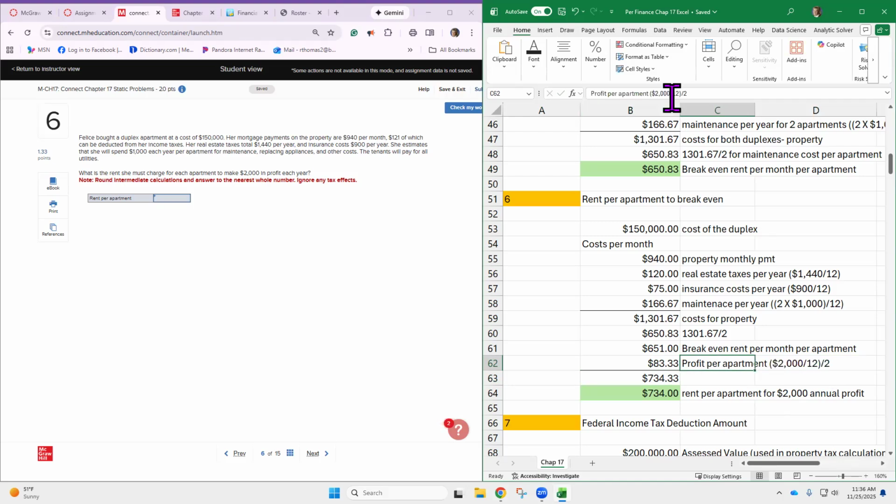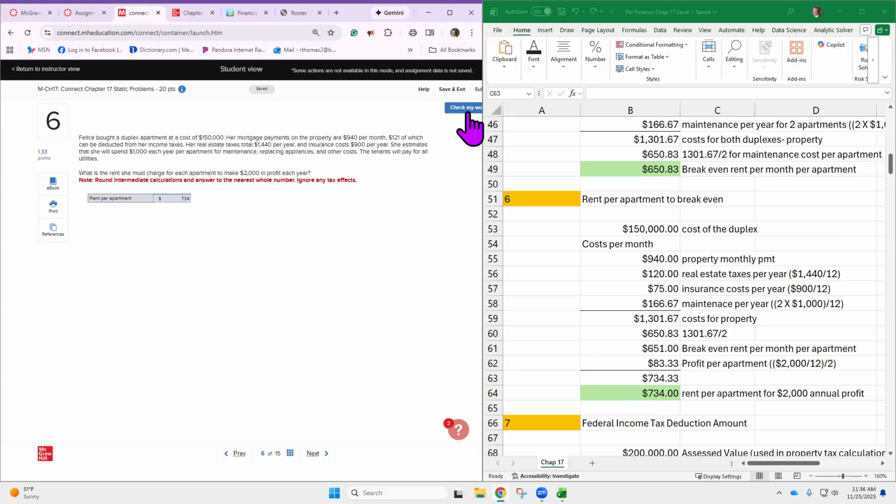So you take the 2,000 profit, divide by 12, and then divide by 2 to find out how much extra to add to each apartment's rent. So now we're looking at $734 per apartment per month, so that we would end up with about $2,000 in profit.